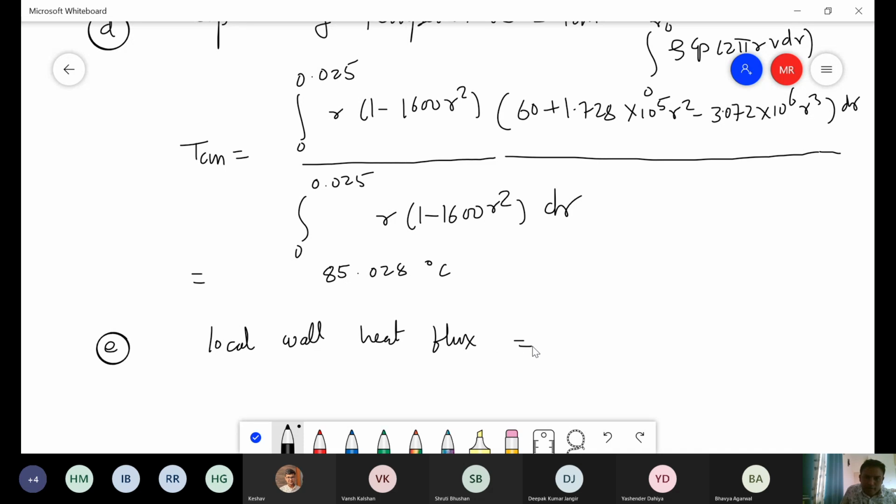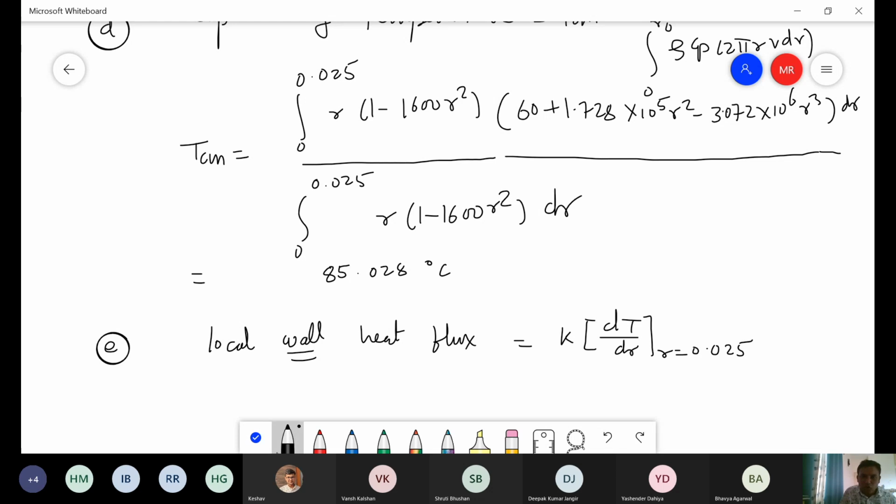So basically what we are interested in is K dT by dr at r equals 0.025. Remember, it is wall heat flux, so we want to find it at r equals 0.025. The variation in temperature is already given, so you can differentiate that.